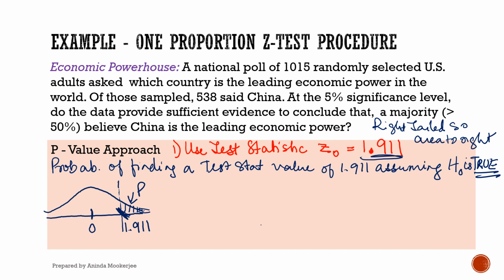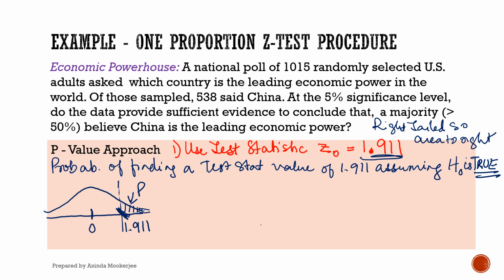So our region of interest when we find the p-value for a right tail test is the area to the right. Keep that in mind, because sometimes students might be a little bit confused about which area, on which side, they should find. And keep in mind your Z table, if you're using the table, will always give you area to the left.